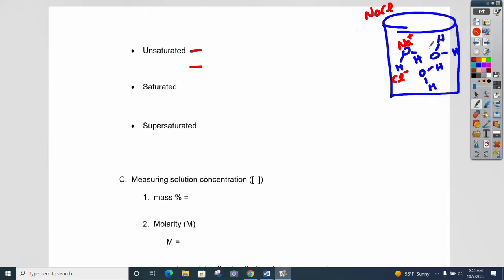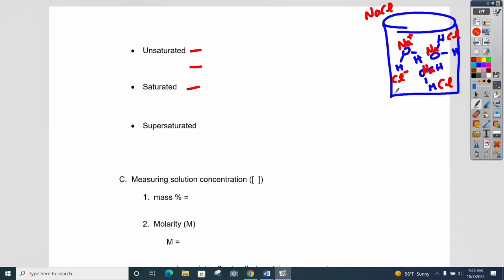A saturated solution, on the other hand, let me put some more sodiums and some more chlorides. If I put a sodium there and some chlorides down here, a saturated solution is a solution in which you have dissolved the maximum amount of solute.